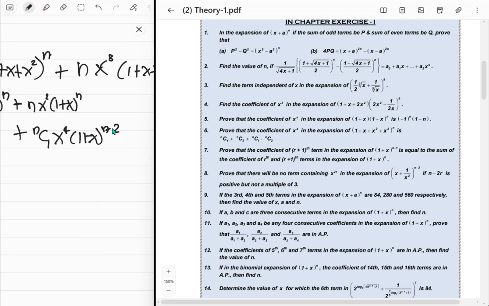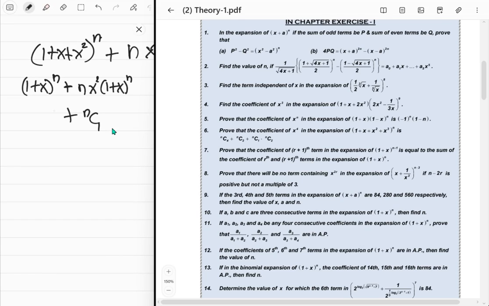So here we are assuming n is bigger than 2 or whatever. So this whole thing just gives 1 as the coefficient of x power 0. So you can just ignore all of that.